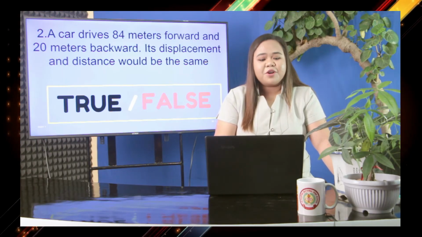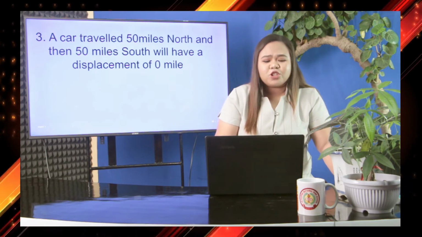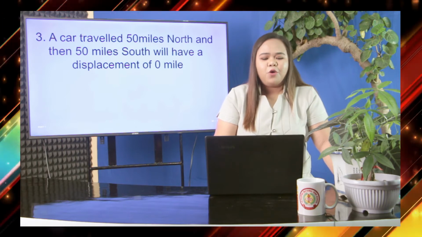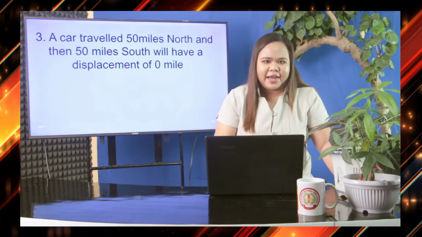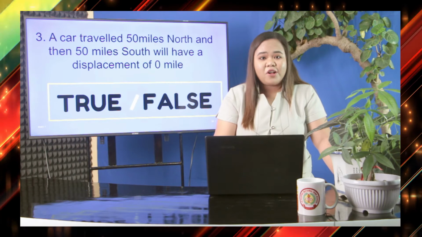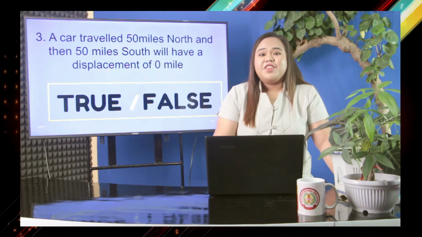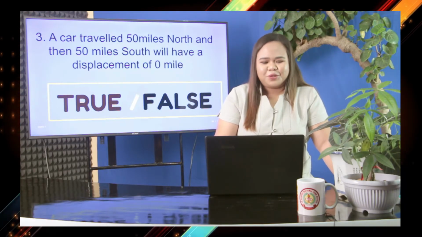Now, let's have number 3. A car traveled 50 miles north and then 50 miles south will have a displacement of 0 mile. Is it true or false? The correct answer is true.